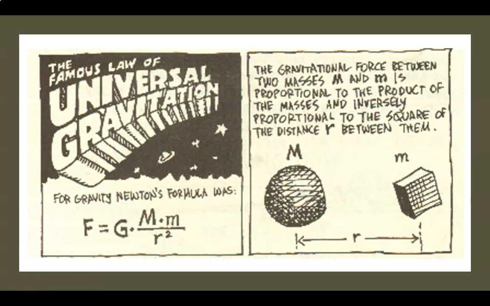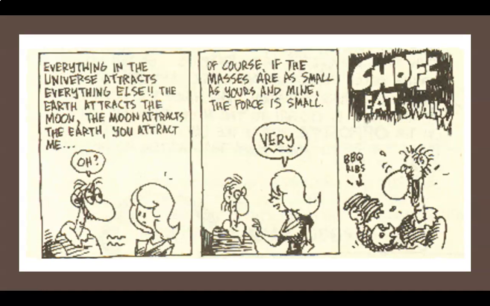So the gravitational force between two masses, m and m, is proportional to the product of their masses and inversely proportional to the square of the distance between them. So everything in the universe attracts everything else.